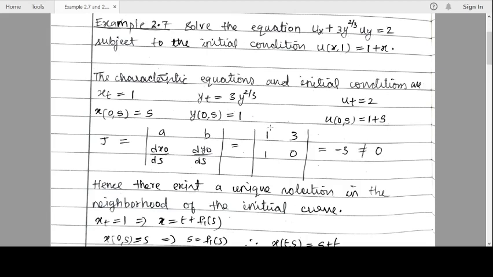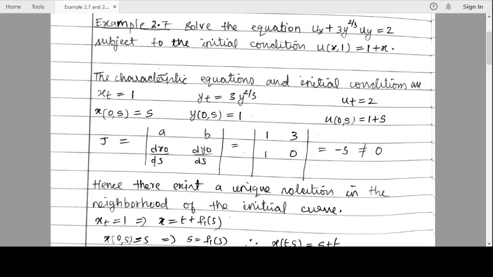Now we will just see what is the Jacobian in this case. So Jacobian is the determinant with rows A, B and dx0/ds, dy0/ds. So here A is 1, so we will get 1. B is 3y to the power 2/3. We have to evaluate B at the initial curve. So the initial value is y equal to 1. So when you put y equal to 1, we will get 3.